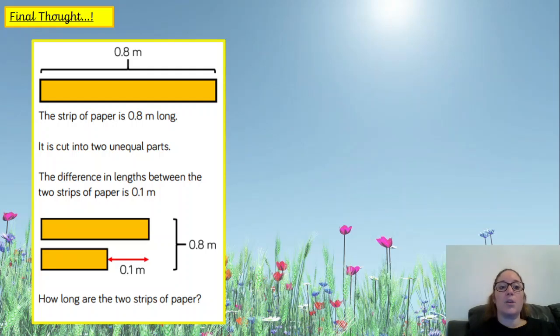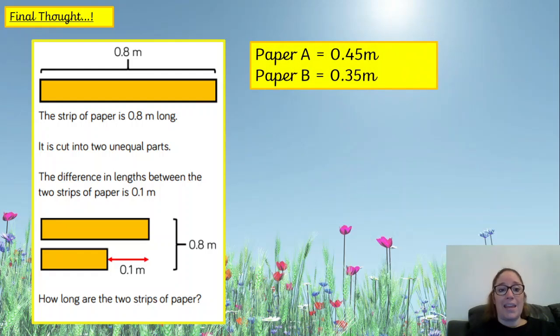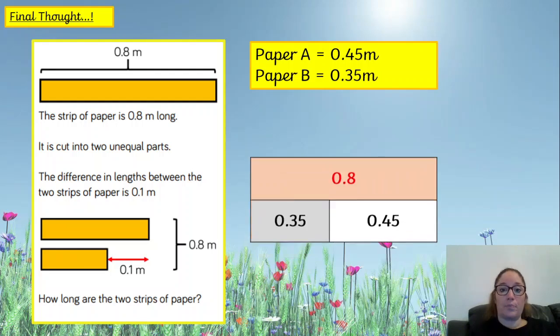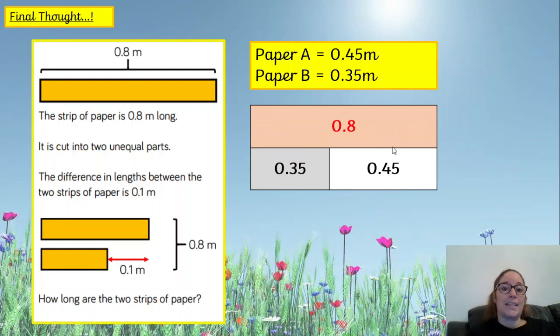Okay, so we've got 0.8 metres. It's cut into 2 unequal parts. So paper A is 0.45 and paper B is 0.35. Because we can see that 0.8 take away 0.35 is 0.45.